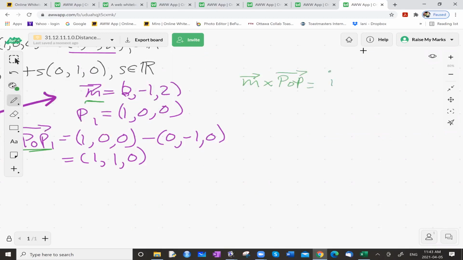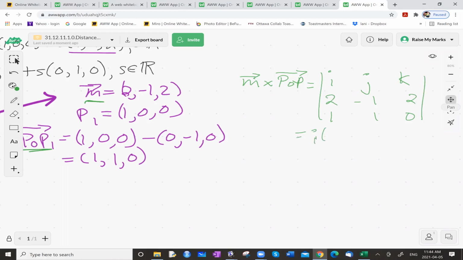Remember how to do that? We make this box of numbers and plug in: our first row is our unit vectors i, j, and k, our second row is our vector m, and our third row is this vector P0P1.